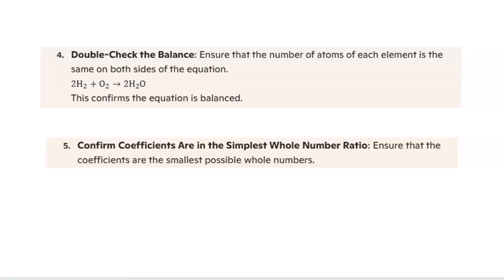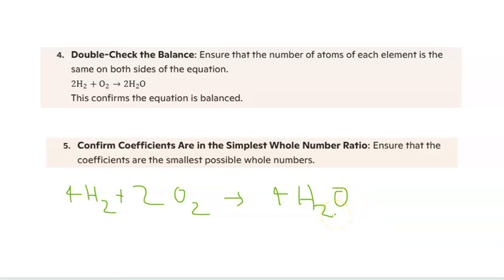For example, you can have 4 molecules of hydrogen, 2 molecules of dioxygen, and 4 molecules of water. As you can see here, the number of atoms will be balanced.